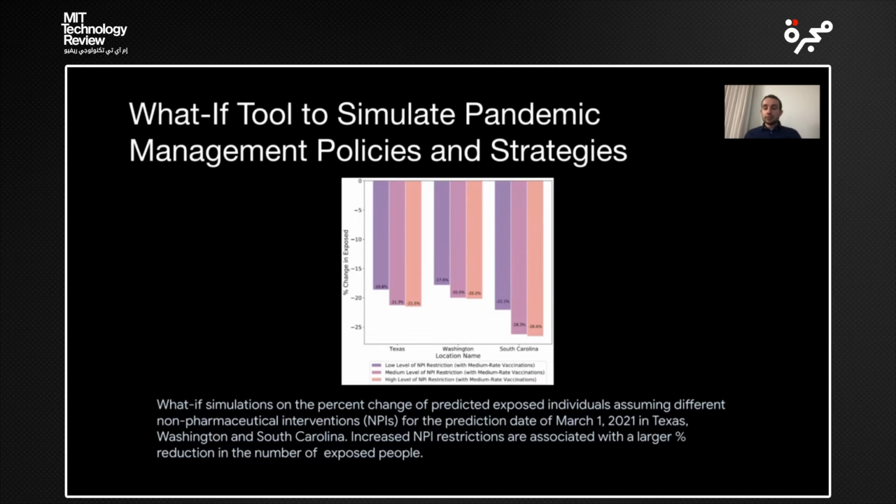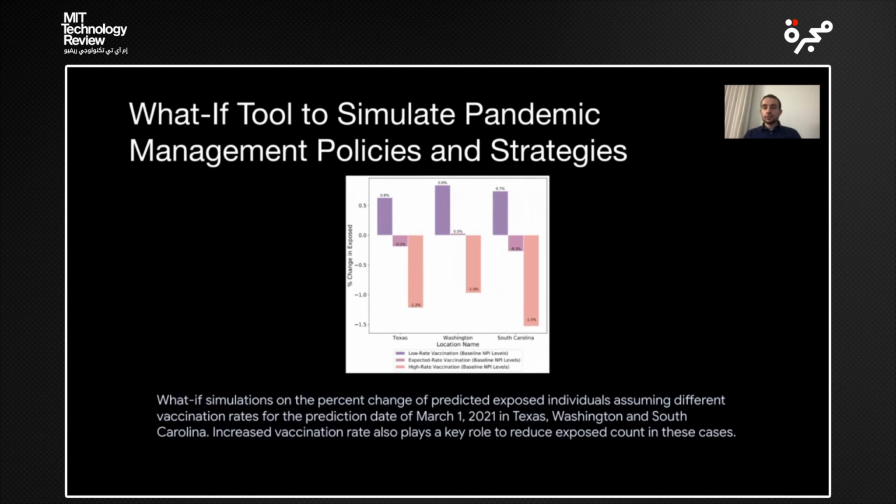And here is an example where we have different levels of interventions in Texas, Washington, and South Carolina, 3 different states in the US. And our model can take the impact of interventions into account, and you can see that increasing the interventions is helpful in reducing the change in the number of exposed people, with amounts depending on the location.